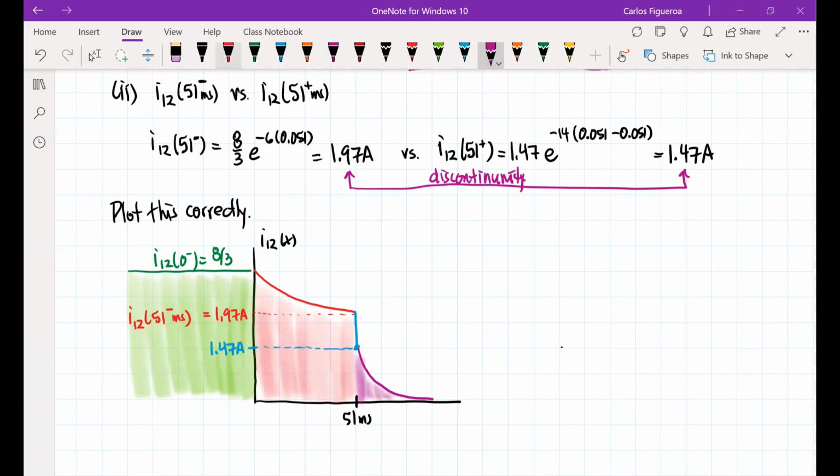So when I look at this, this is the region of I12 between 0 and 51 milliseconds. There's a discontinuity, and the discontinuity then brings me to t greater than 51 milliseconds. And that's the graph.